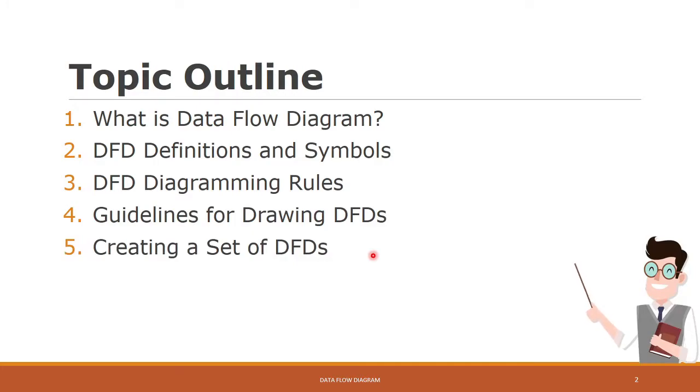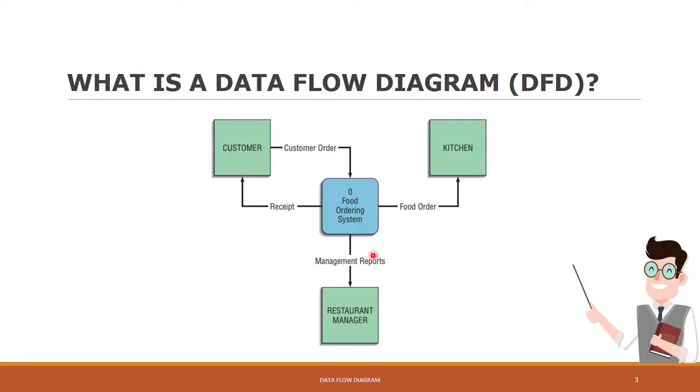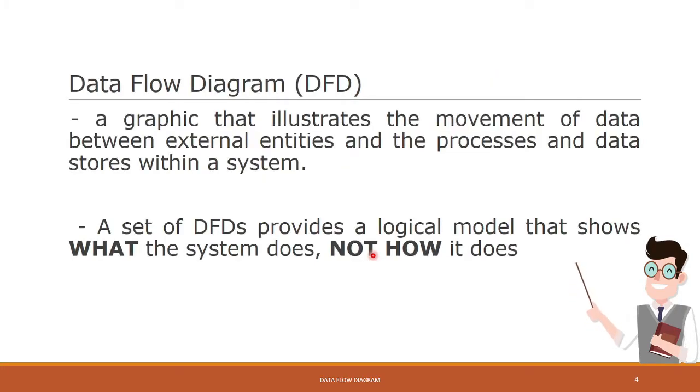So okay, let's begin. What is a data flow diagram? A data flow diagram is a graphic that illustrates the movement of data between external entities and the processes and data stores within a system.